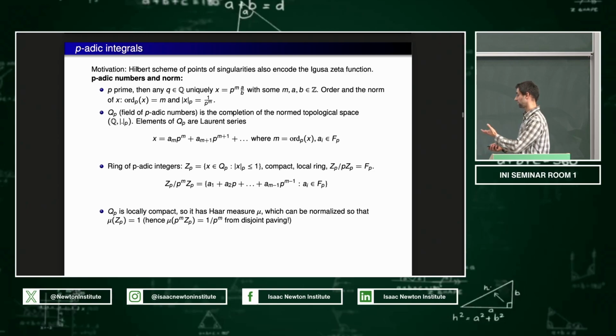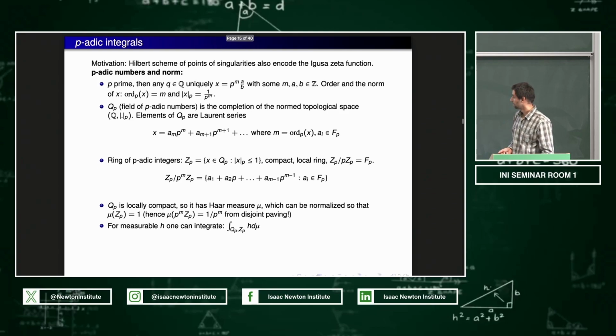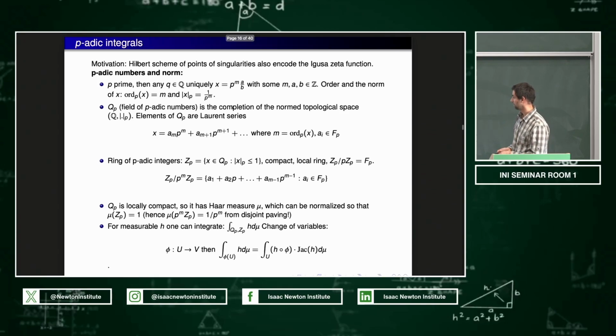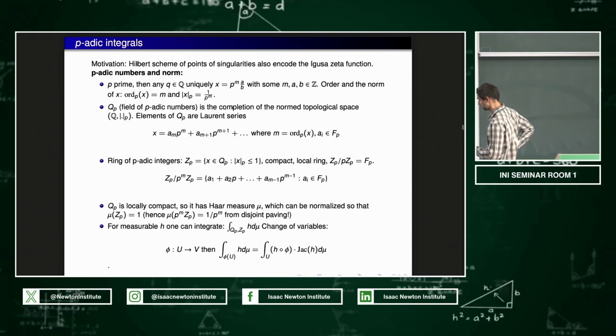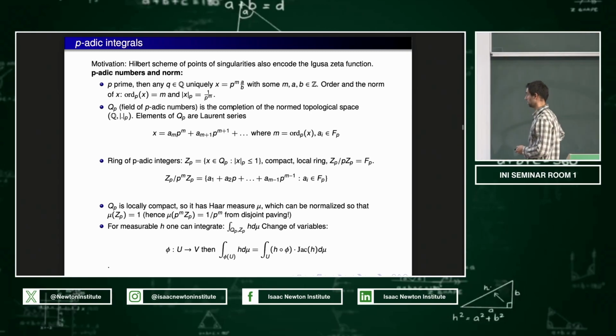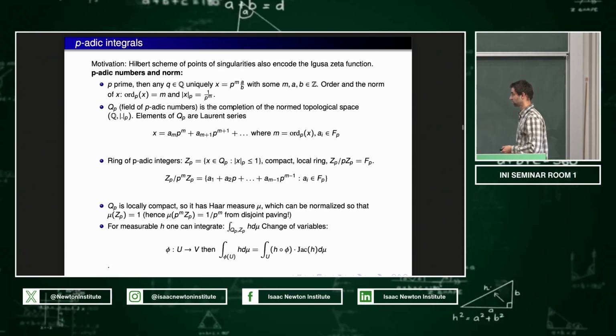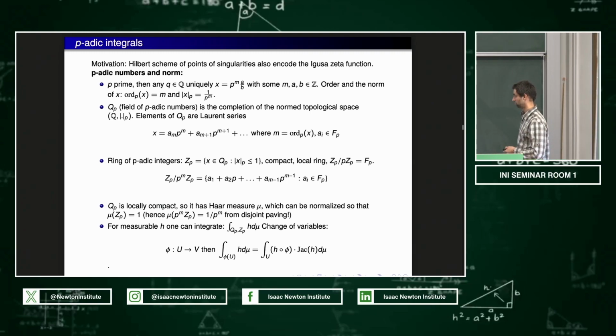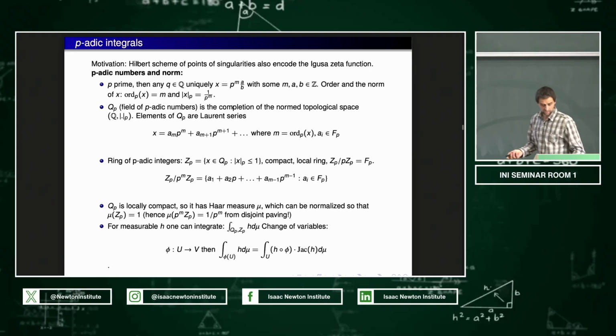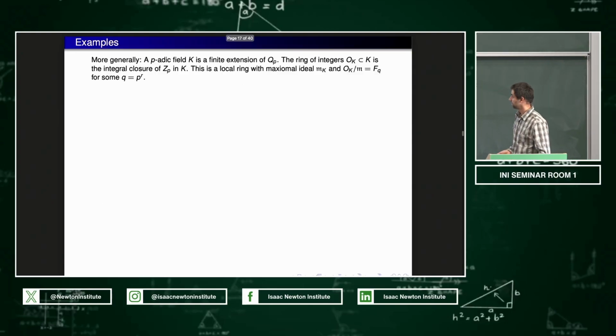If you have a paving with isomorphic pieces, then you can easily find the measure of that piece. This is really an integrator. So you can integrate now, and for integration, it really just means technically that the change of variables rule actually holds. So this is kind of the elements of these p-adic integrals.